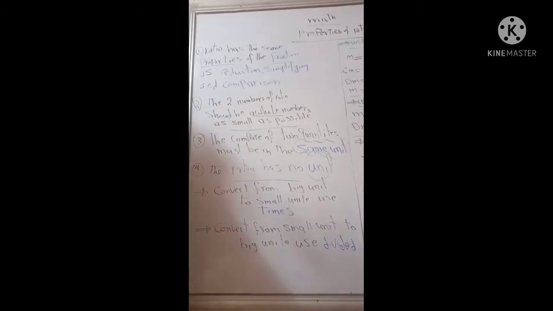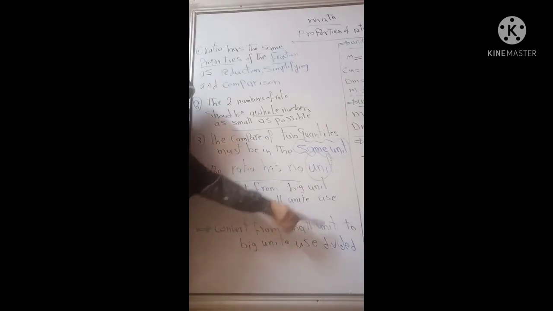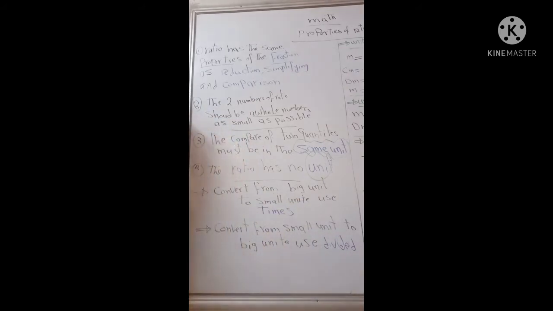From big unit to small unit, we use times, such as converting from kilogram to gram, from meter to centimeter, from decimeter to centimeter. To convert from a small unit to a big unit, we use divided, such as converting from gram to kilogram, from meter to kilometer, and so on.